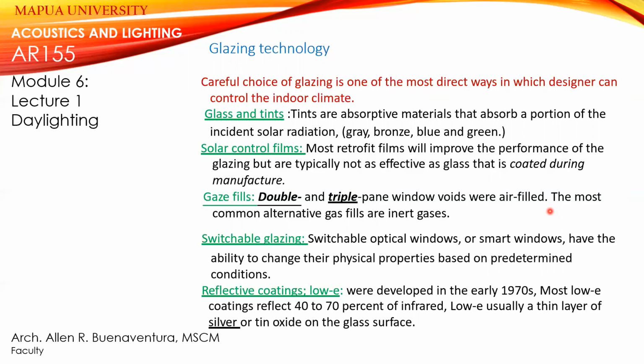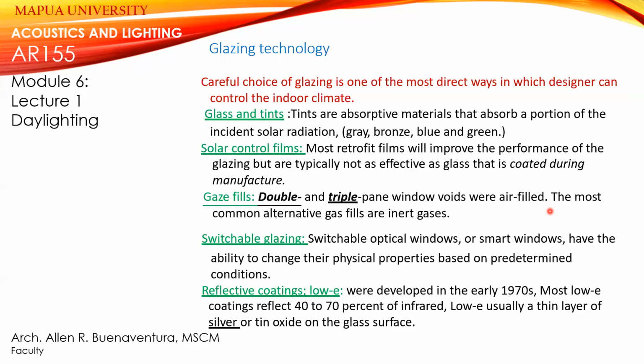So you can also coat the glass with solar coating films, or control films, or you can use gas fills or double or triple panel windows that have void air inside. The most common alternative gas fills are inert gases.